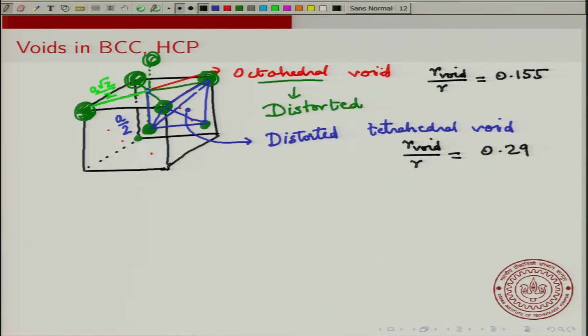Now I will leave it as an exercise to you to show where the voids in HCP are, but HCP also has octahedral and tetrahedral voids, and this is left as an exercise. So I'm not going to work it out explicitly here.